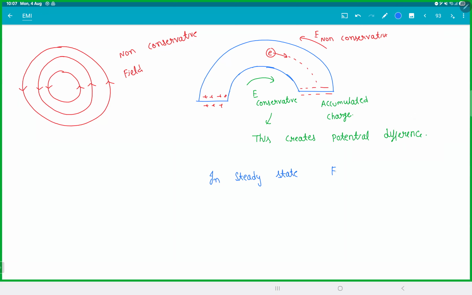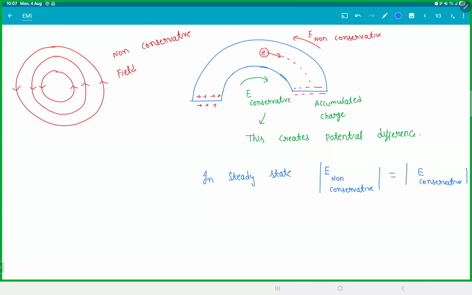So in steady state, the non-conservative field is equal to E conservative. So we don't have a problem using that. It works out. But it could be a theoretical question. In the formula integral E dot dl is equal to this, what is this E? That E is not the induced electric field. It is something else.